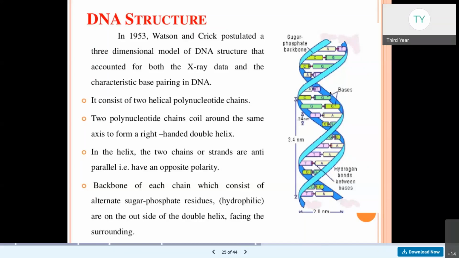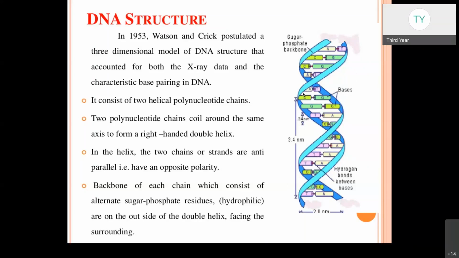What is the meaning of anti-parallel? It means that one helical chain is in the 5' to 3' direction, and the other chain is in the 3' to 5' direction. So they bear opposite polarity, and that characteristic is termed the anti-parallel structure of the DNA double helix model.